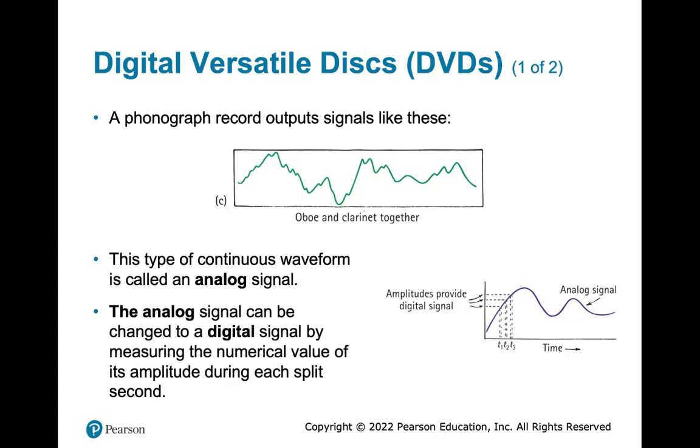The analog signal can be changed to a digital signal by measuring the numerical value of its amplitude during each split second. Now, I told you before that I used to work in a recording studio, from about 73 to 75. I was a technician. New equipment was coming out, and everybody was saying analog is the way to go.